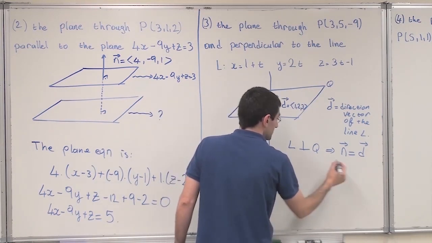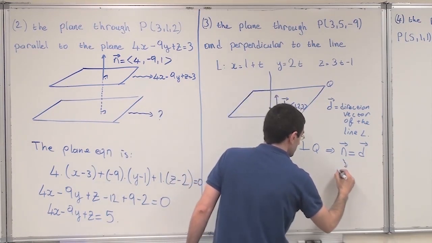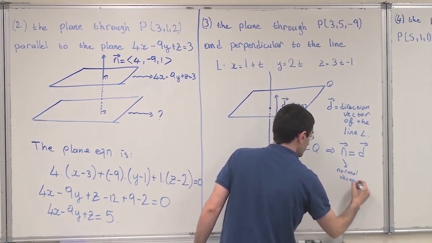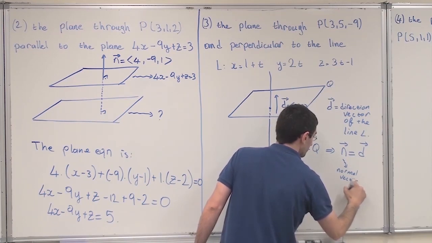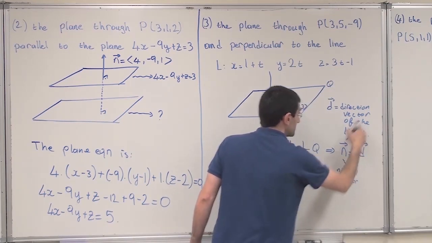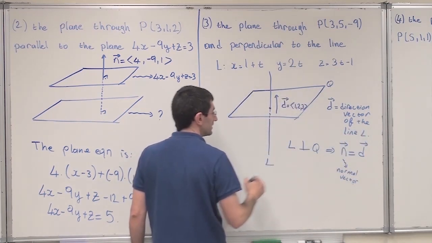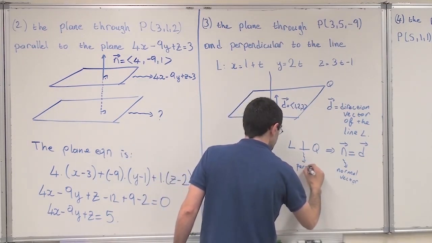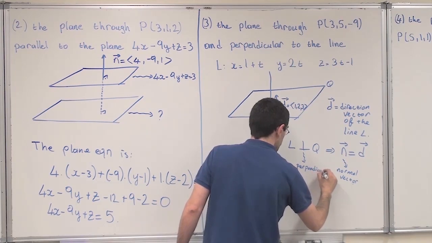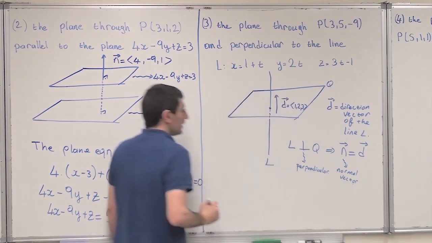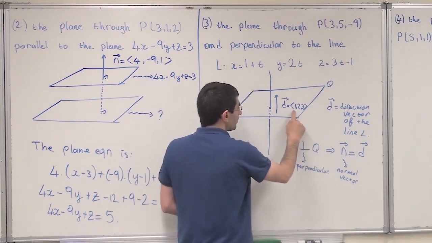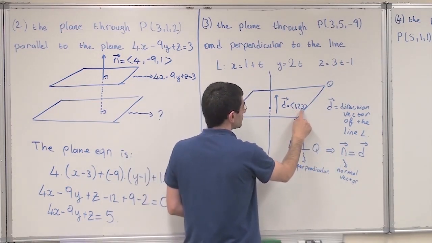So this means the normal vector n is parallel to D, and here I have already explained the D, and this notation means perpendicular. Okay, so now we know our normal vector. It is 1, 2, 3.